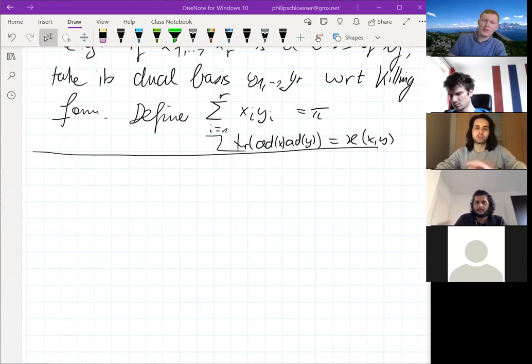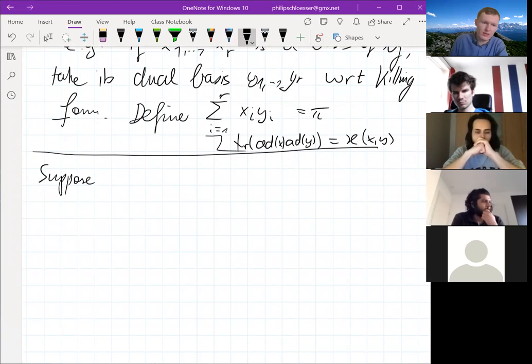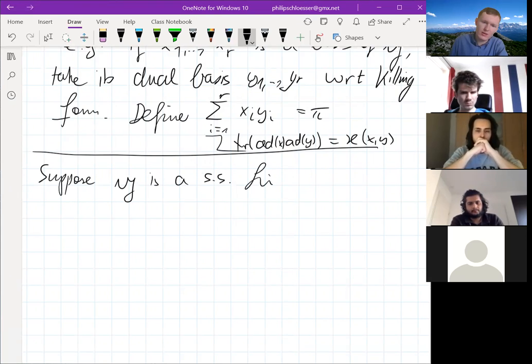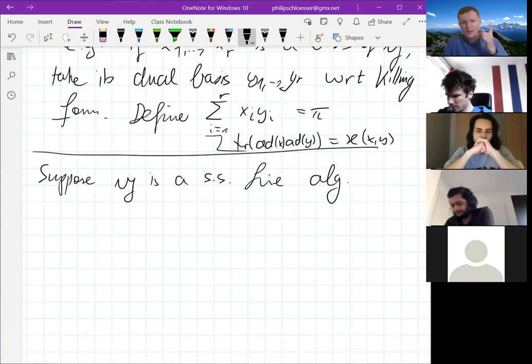Okay, so what you do for Lie algebras, we now suppose that G is a semisimple Lie algebra, which has firstly the advantage that all of the representations are decomposable. Secondly, the Killing form is an actual scalar product, or at least it doesn't have to be positive definite, I think, but is a scalar product.